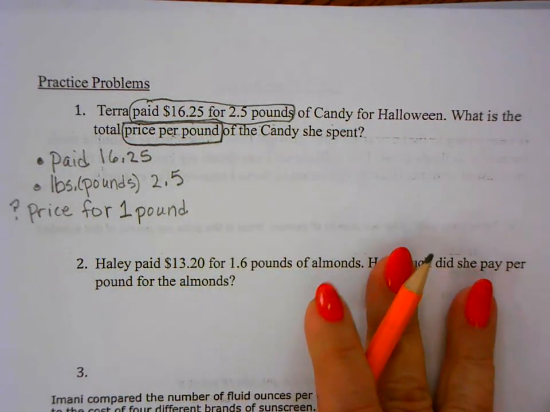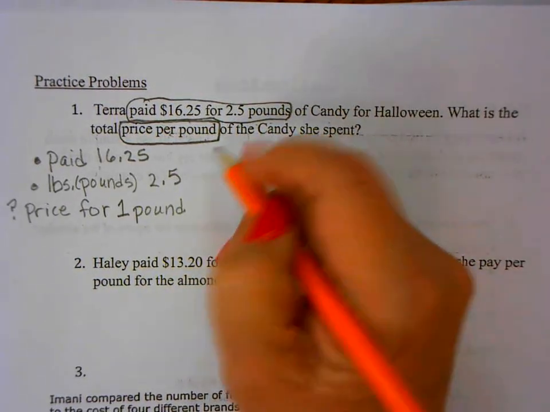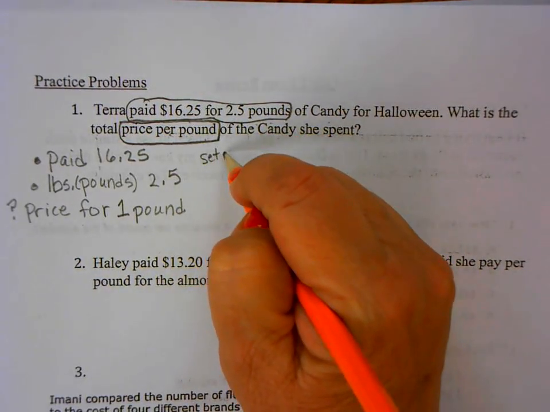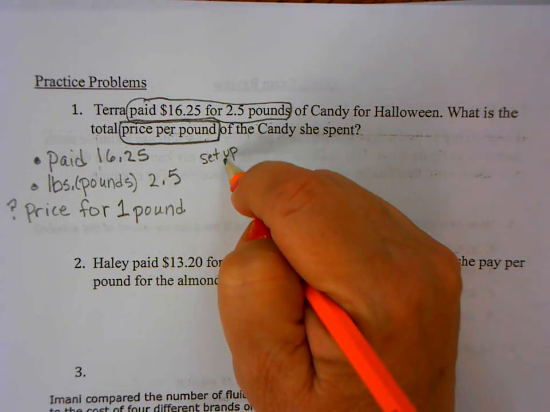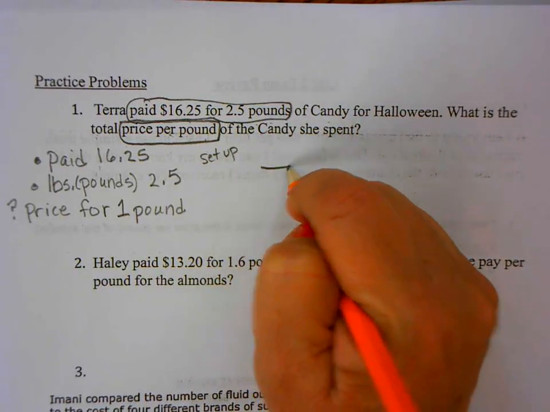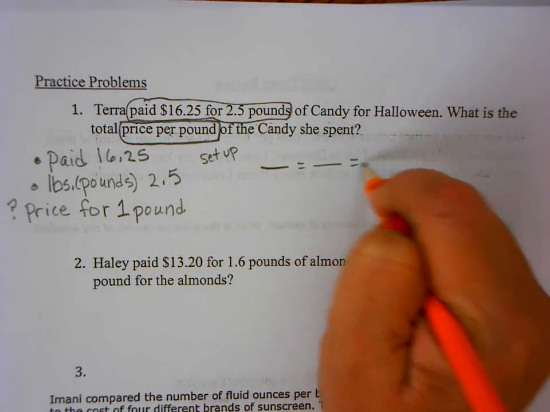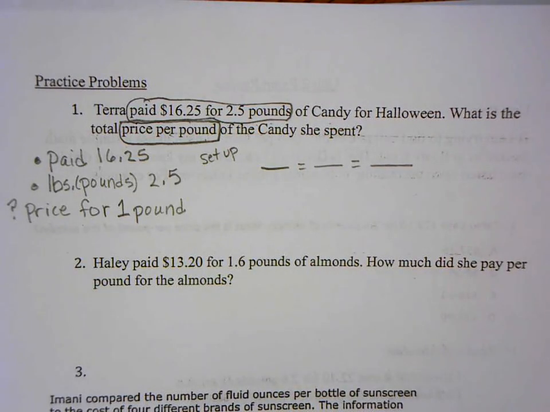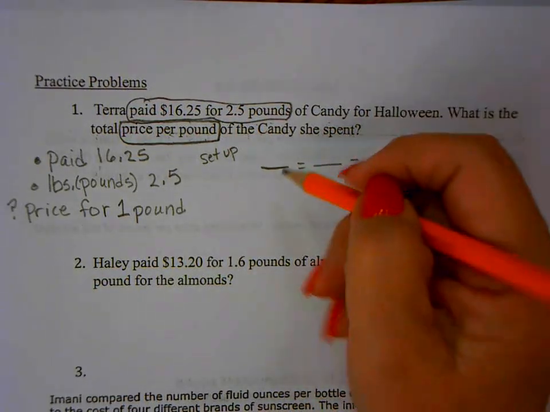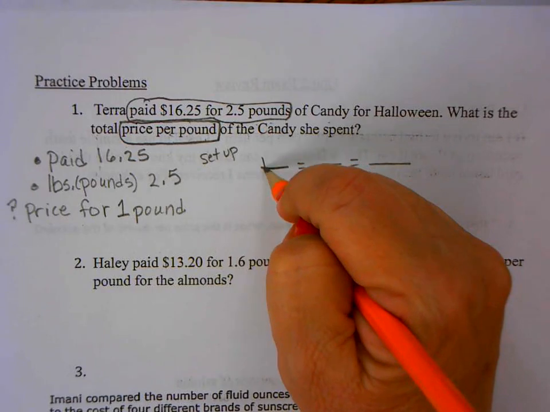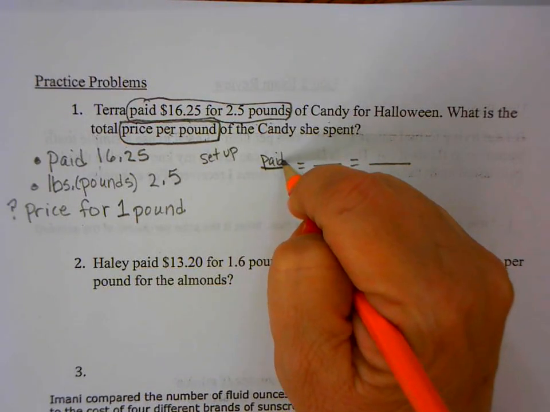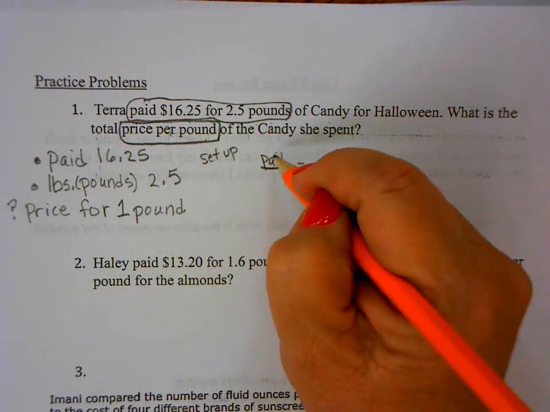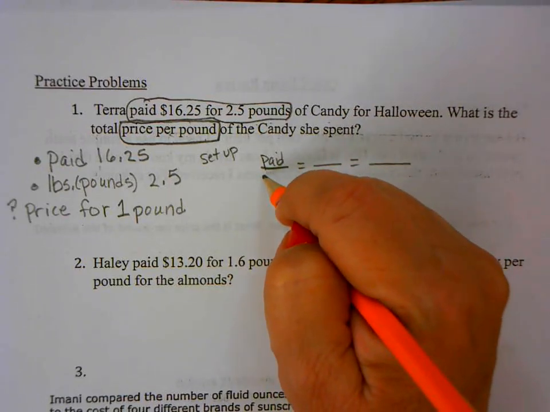Now that I have all my information, I'm going to next set my problem up. So I'm going to set it up. Line, equal line, equal line. Now I'm going to label. I'm just going to put, this is what I paid, or you can put money or cost, and then I'm going to put pounds.